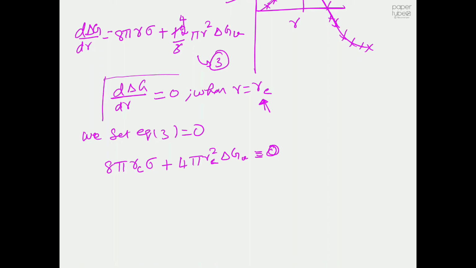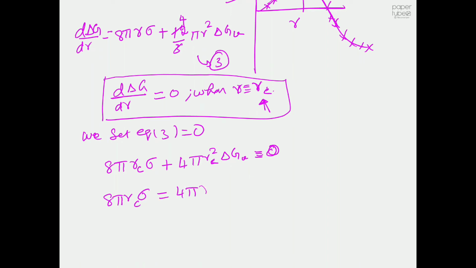We know this condition: d delta G by dr will be equal to 0 when R is equal to RC. So 8 pi RC sigma equals minus 4 pi RC square delta GV. So 2 pi gets cancelled, and RC sigma is equal to minus RC square delta GV.